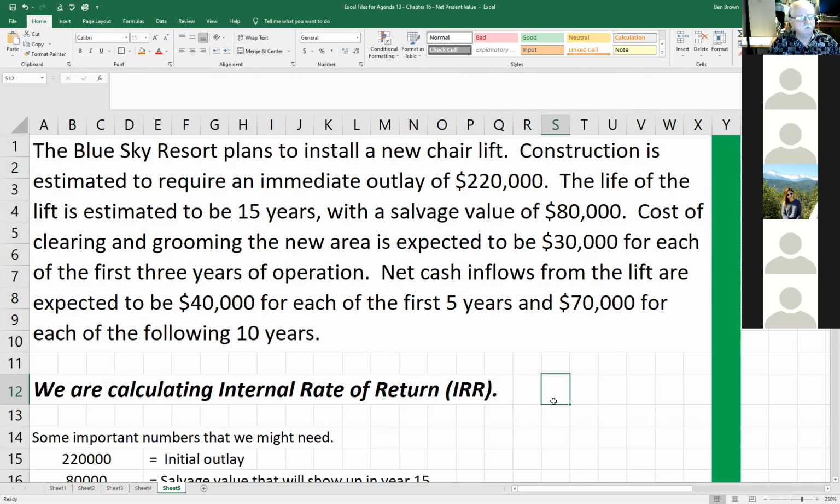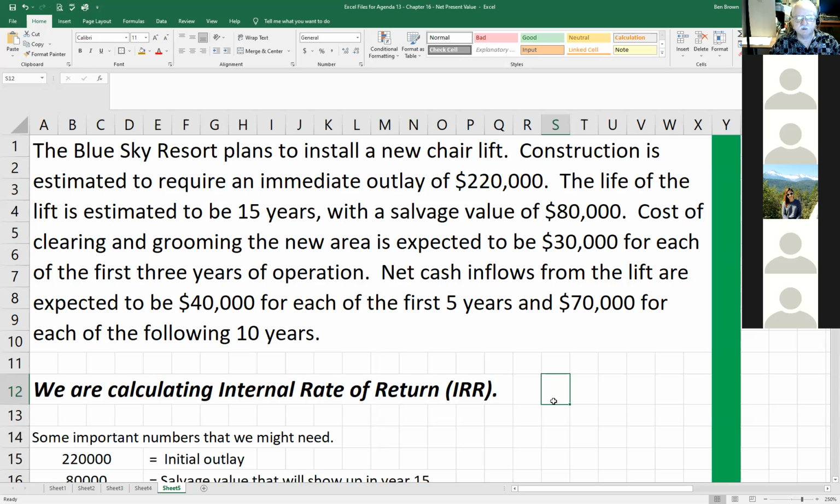So if I start reading this question and you cannot see the question, let me know right away. The Blue Sky Resort plans to install a new chairlift. Construction is estimated to require an immediate outlay of $220,000. The life of the lift is estimated to be 15 years with a salvage value of $80,000.